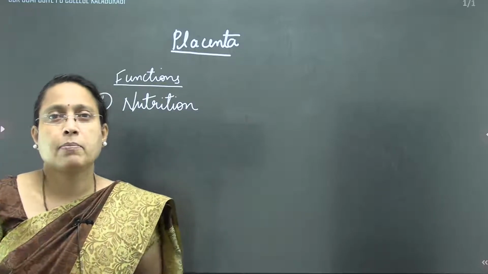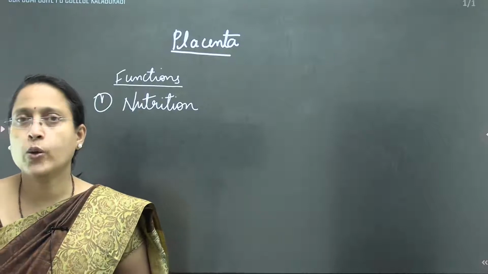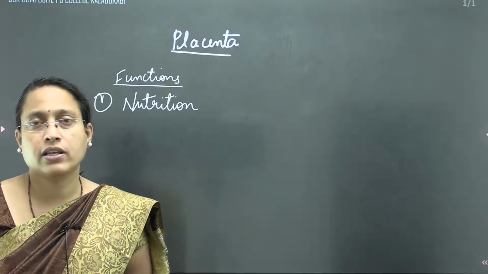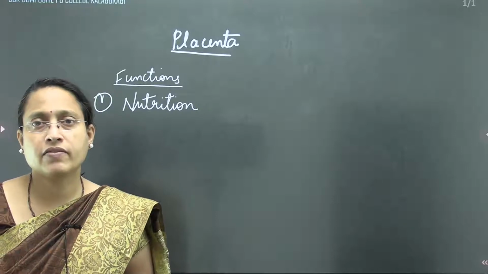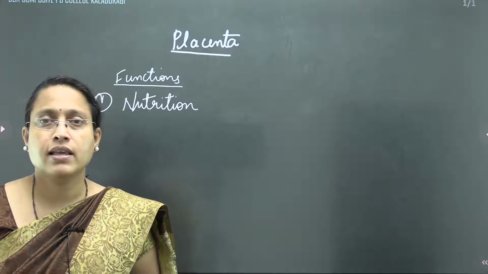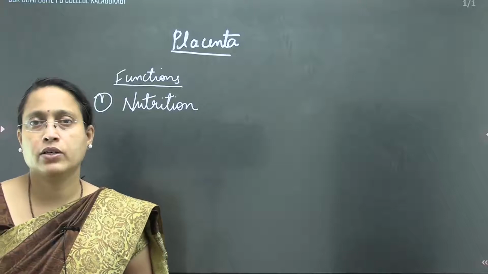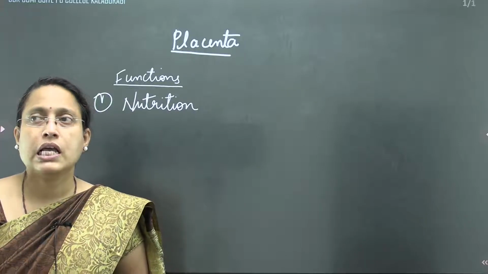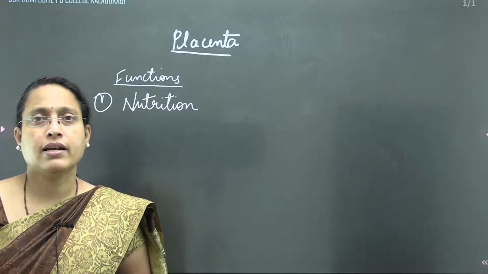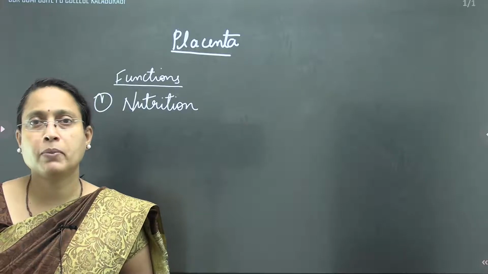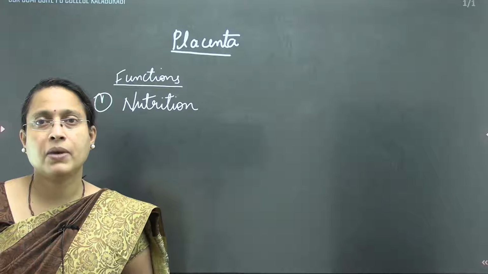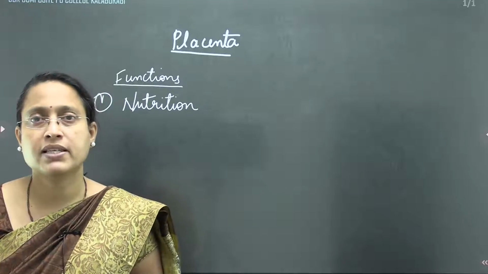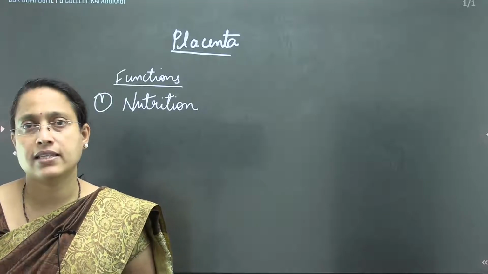So when placenta provides nutrition, it means the growing fetus requires energy. To meet the demands of the energy of the growing fetus, it should be supplied with nutrients. So therefore placenta takes the nutrients from the mother circulation, and those nutrients are passed through the placenta to the fetus.